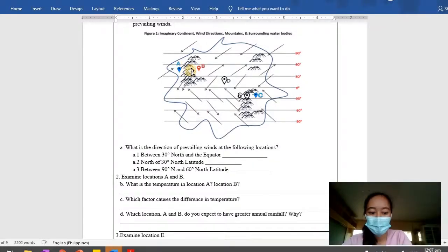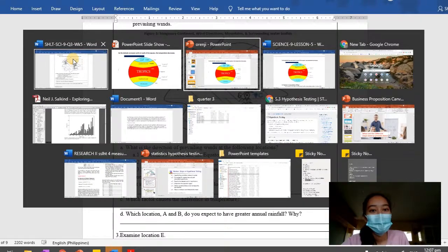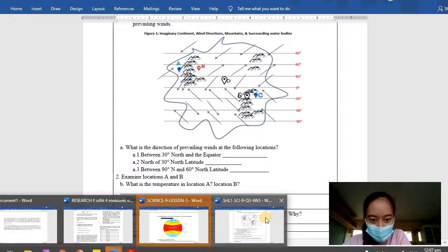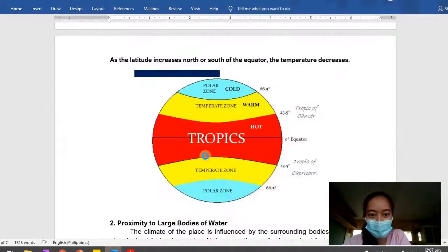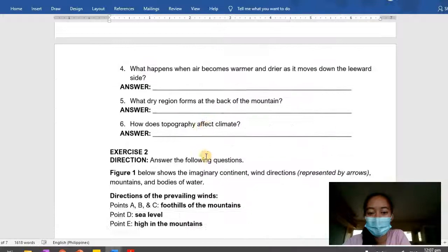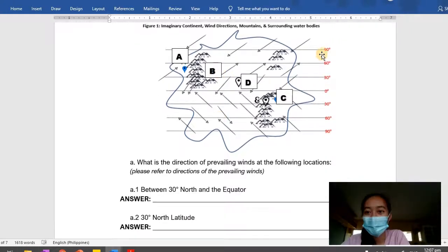So again, save the exercises. This one, exercise 2. It is the same areas A, B, C, and D described earlier at different latitudes.